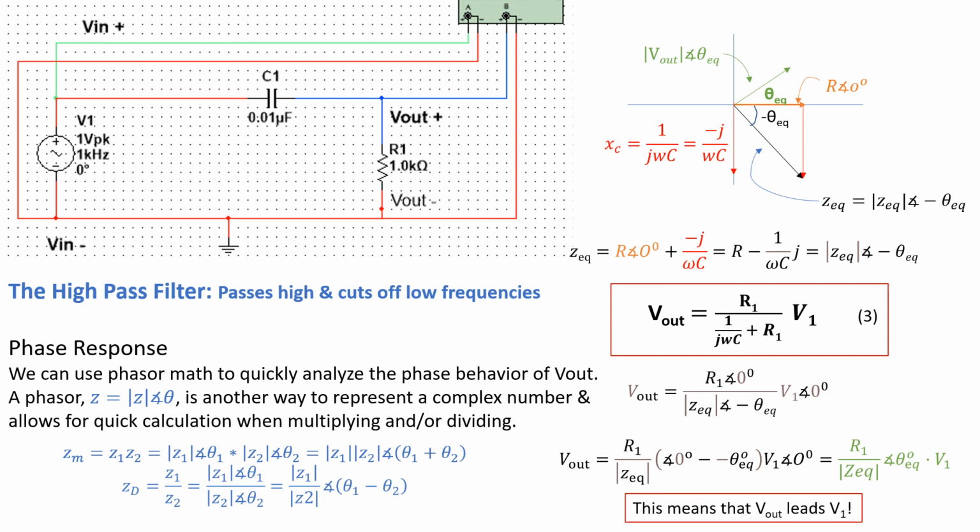Since V1 is a real number and has 0 degree phase angle, its product in the equation will not change the phase angle overall. That is, the phase of Vout, as captured by the green vector, is positive theta equivalent. The real insight is this: the voltage across the resistor will always lead the voltage of the source by some positive angle. This angle changes as the frequency of the voltage source changes, but it will always lead the input or source voltage. We'll confirm this when we look at our oscilloscope data in the next slide.